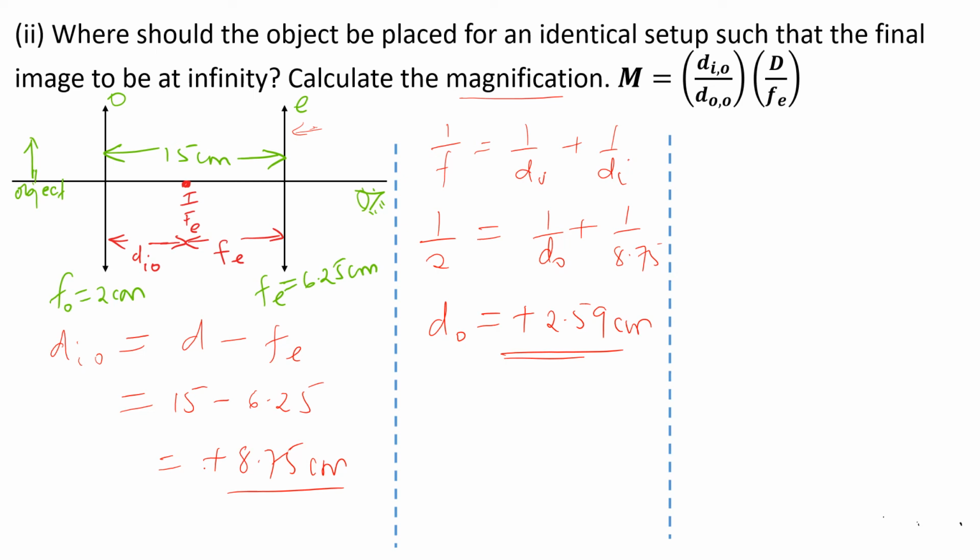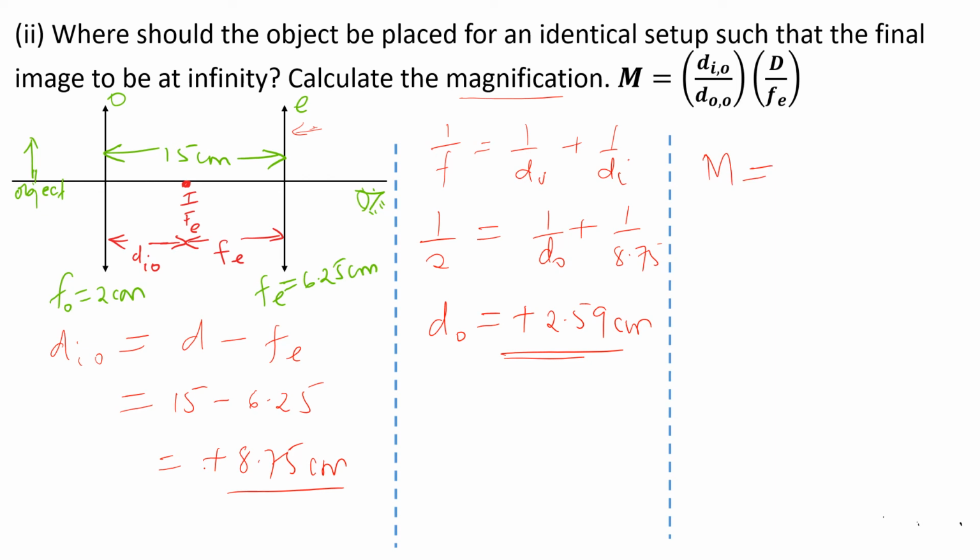Now to get the magnification, we use the same formula given here. Magnification is equal to d image for the objective divided by d object for the objective, which is the linear magnification for the objective lens, multiplied by the d over fe. So we just feed in.